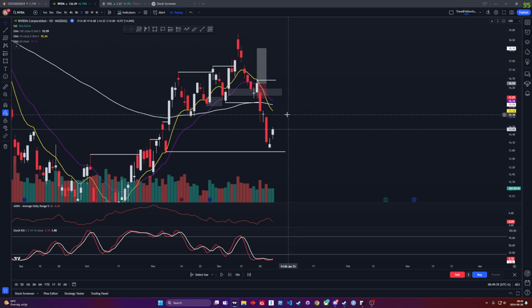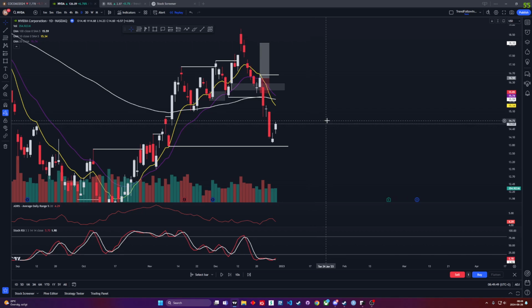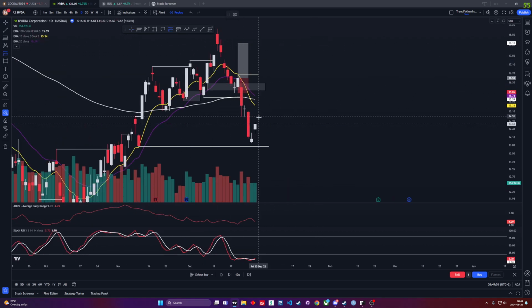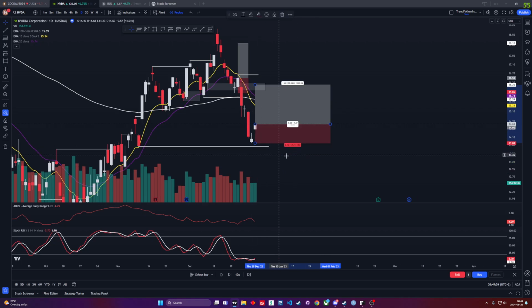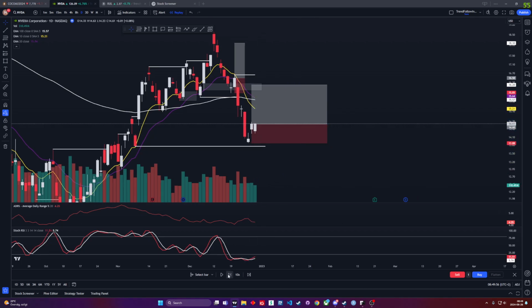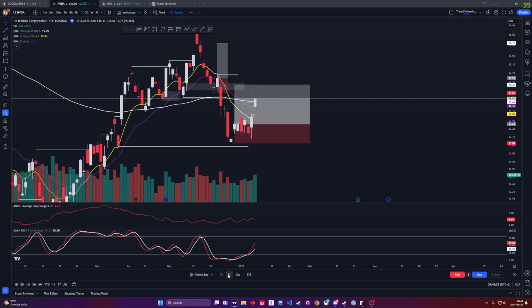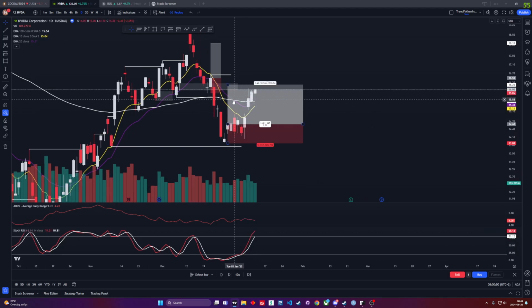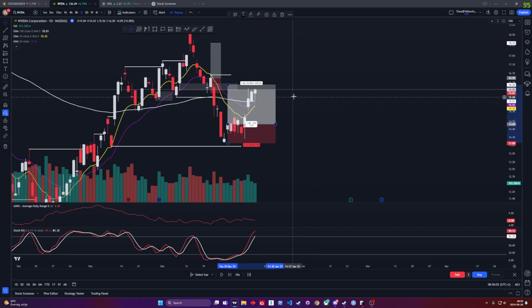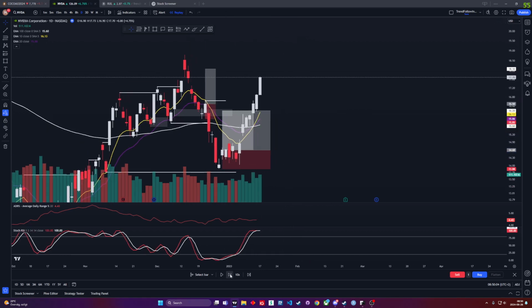Now, maybe you would take this, maybe you would not, since this is deep discount. The 20-day is about to cross the 100, which would invalidate the entire setup. So you have to try this out for yourself. But let's say we take this, the 20-day would cross below, but I think we would be in a pretty good trade.